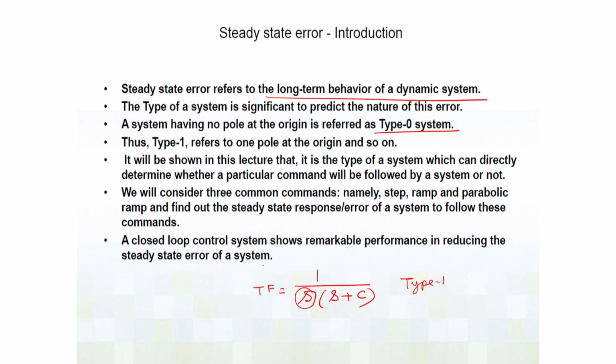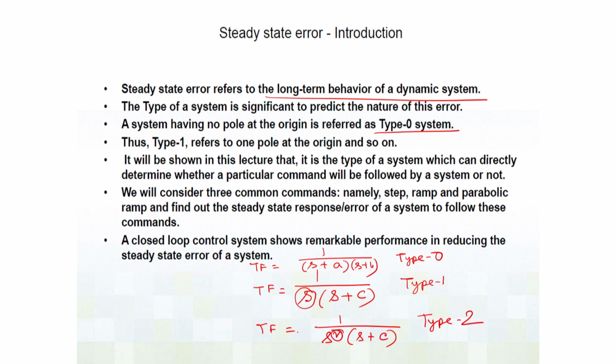So, if a transfer function is something like this, 1 over (s plus a) into (s plus b), that means it has no root at the origin, so we will call it a type 0 system. And if a transfer function is something like this, 1 over s square into (s plus c), then we will call it a type 2 system, because it has 2 roots at the origin. Okay. So, that is how we define the type of a system.